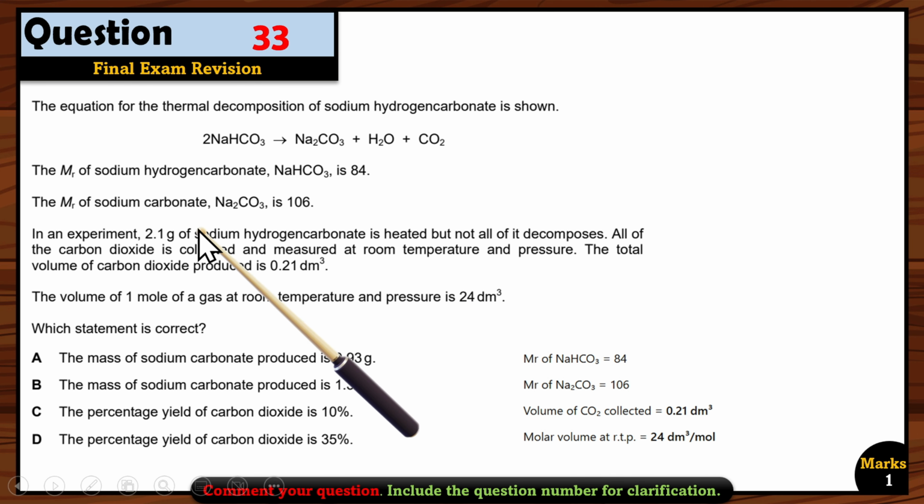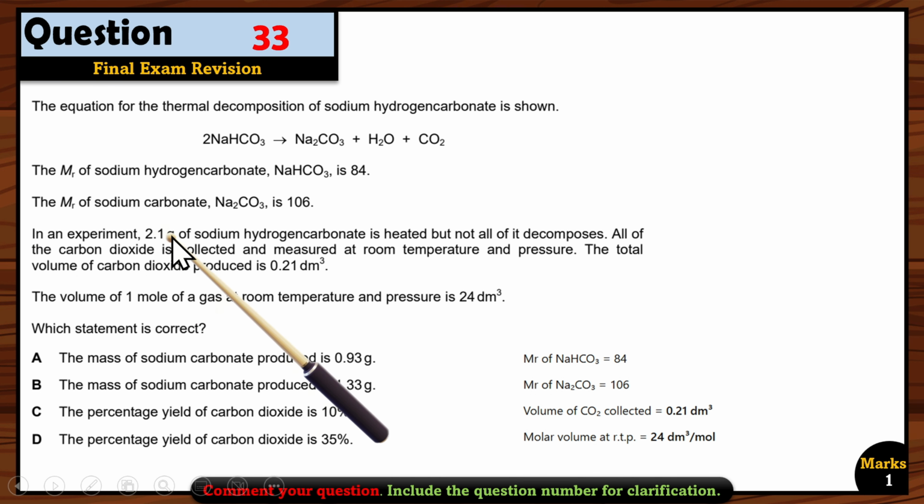They have also told you that 2.1 gram of sodium hydrogen carbonate was heated, right? So the information given here is the molar masses for both of them, and the volume of the carbon dioxide that was collected.